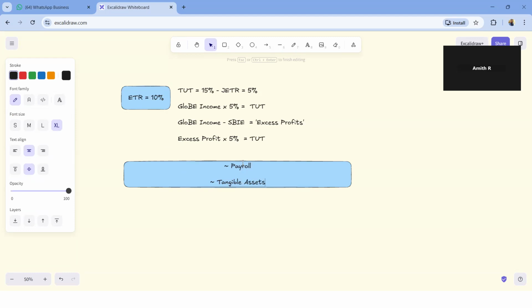We already discussed this before. But you tell me one thing. Why am I given an SBIE exclusion, and I'm only taxed on my excess profit, not on my GloBE income? What would be the reason? Why would this SBIE be given in the first place?